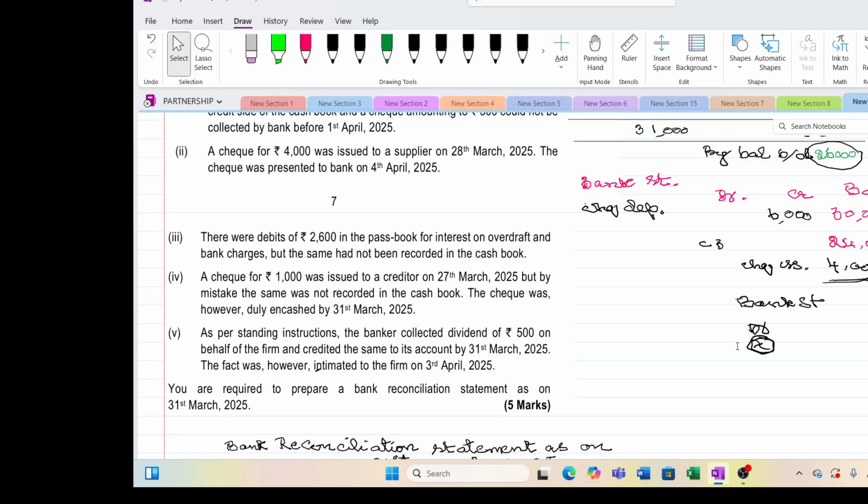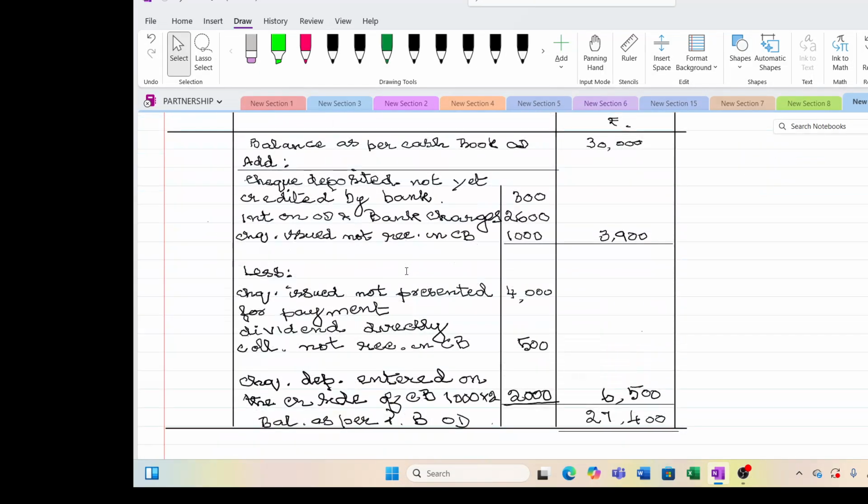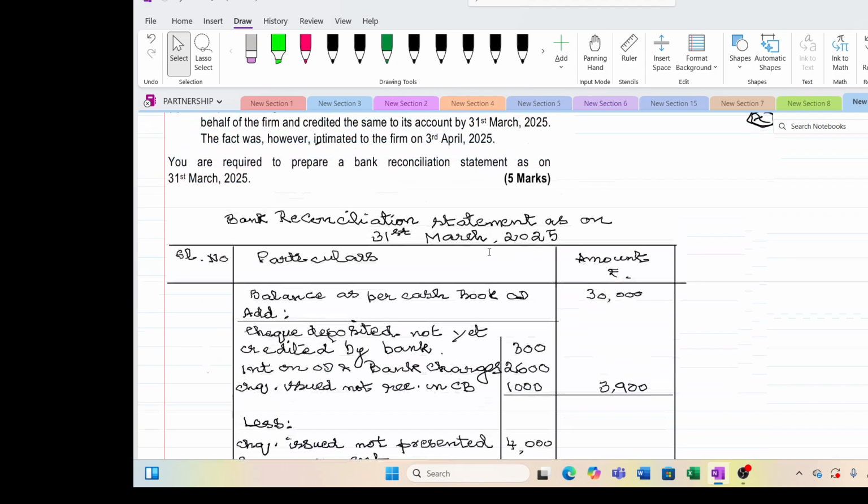He got it in cash. So in bank, that will appear as a 1,000 debit. So this amount would have increased the overdraft. Got it? Issued but not recorded in cash book, but the same was encashed by the creditor.